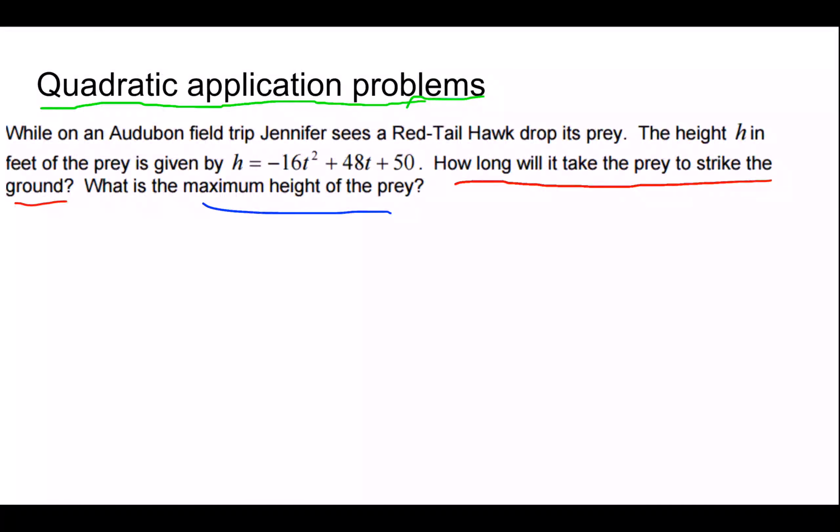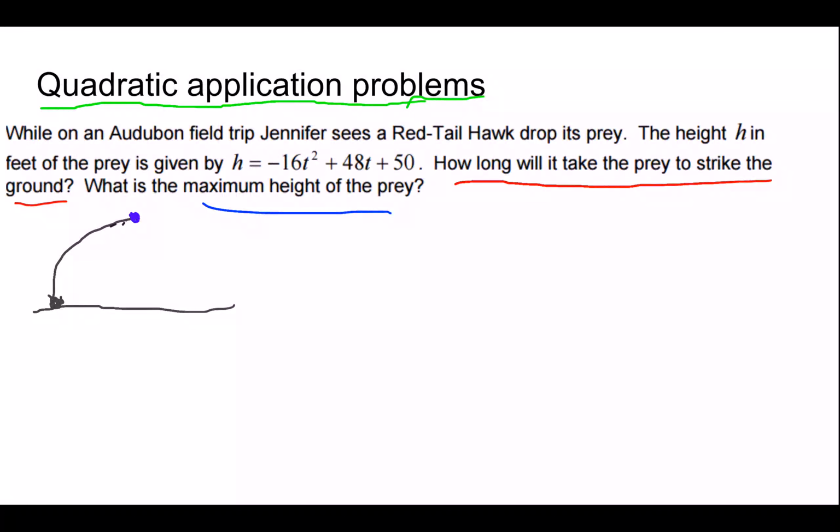First, I want to think about how the prey goes. Let's say this is the ground, and a little dot is where the prey is. Let's say the path is the hawk picking it up. The hawk comes over here, picks it up, and at some point at the top, which we'll put in blue, it drops it.